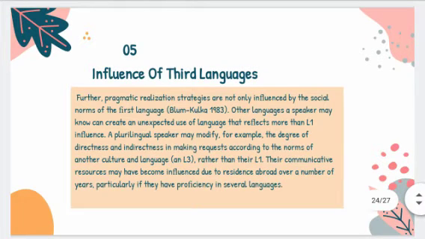Further, pragmatic realization strategies are not only influenced by the social norms of the first language. Other languages a speaker may know can create an unexpected use of language that reflects more than L1 influence. A plurilingual speaker may modify, for example, the degree of directness and indirectness in making requests according to the norms of another culture and language rather than their L1.